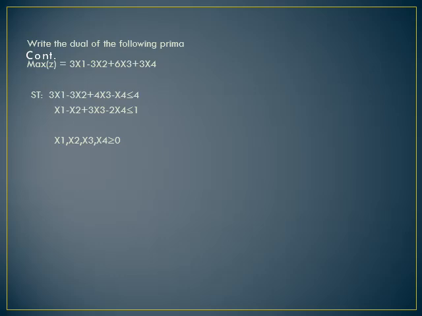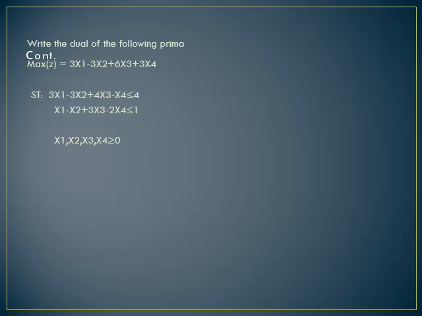Okay, this is the dual application of the previous primal table. Max Z = 3x1 - 3x2 + 6x3 + 3x4.